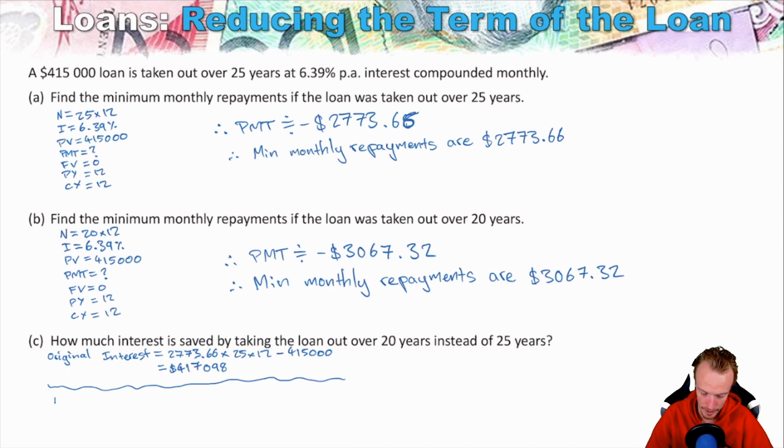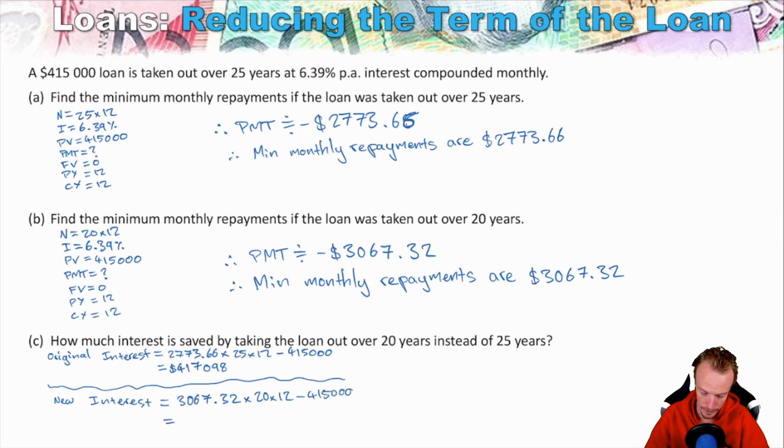So now we need the new interest, is what we'll call this, which is $3,067.32. You're making it 20 years worth, 12 times. Let's minus our $415,000.